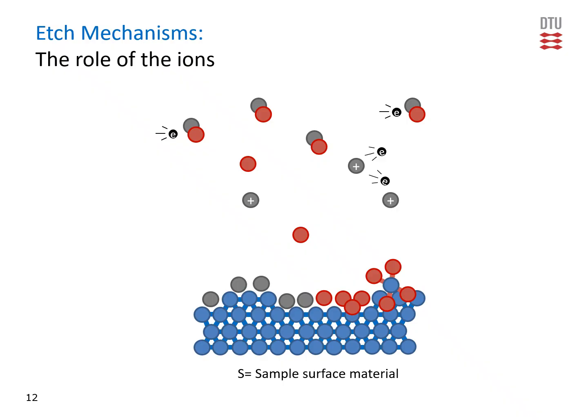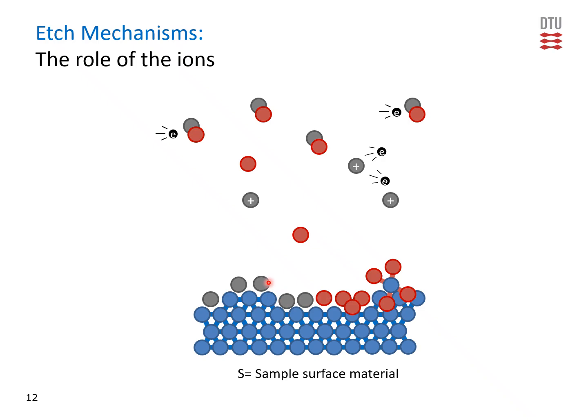Now I would like to tell you a little bit about the role of the ions. Again, I have made a drawing here of a surface you would like to etch, with the blue dots indicating the surface atoms. The red dots are indicating the reactive species that can form volatile products.